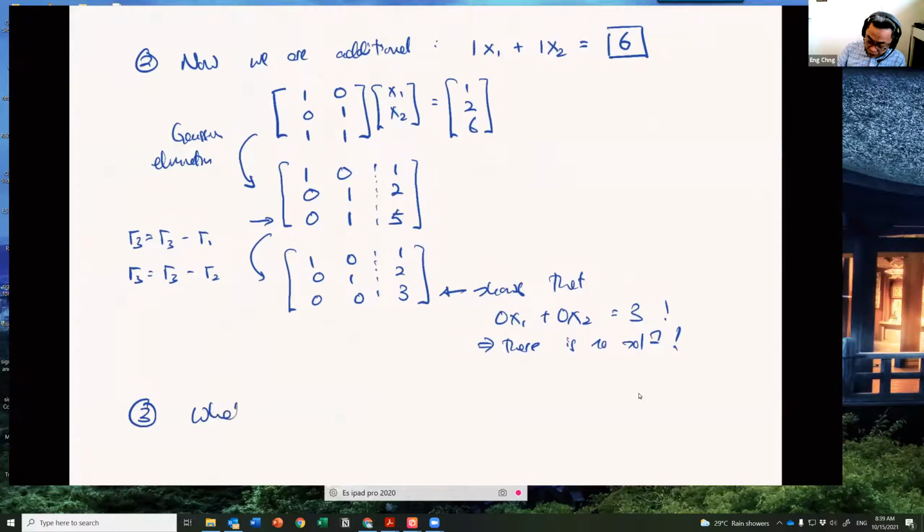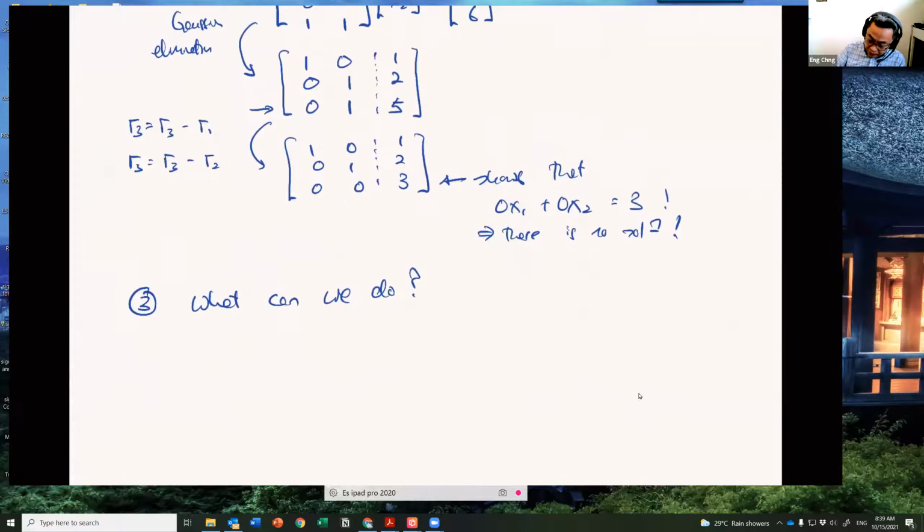What can we do? Well, let's call this still A, and this is still y. We want Ax equals y. I mean, that's what we have been trying to do all the time.